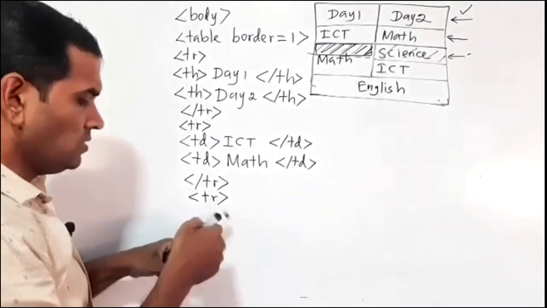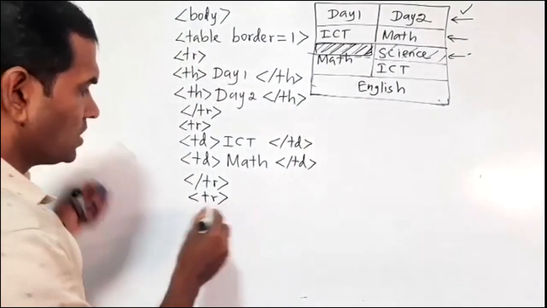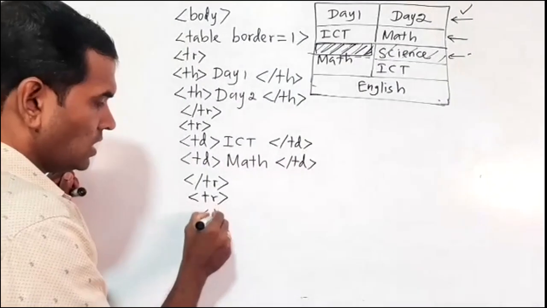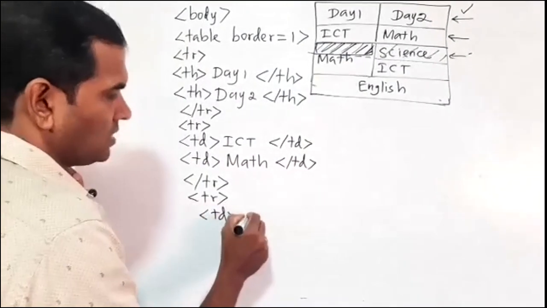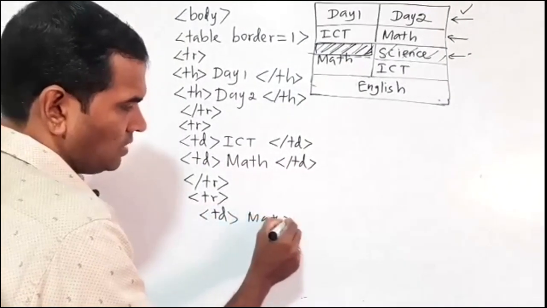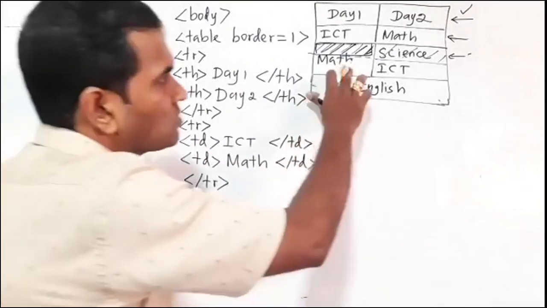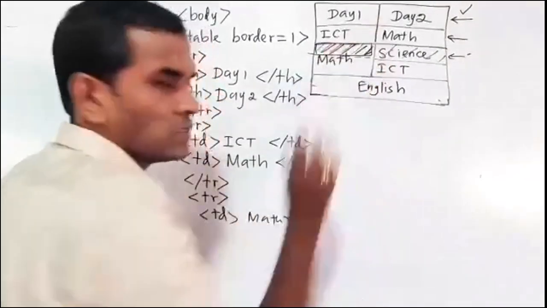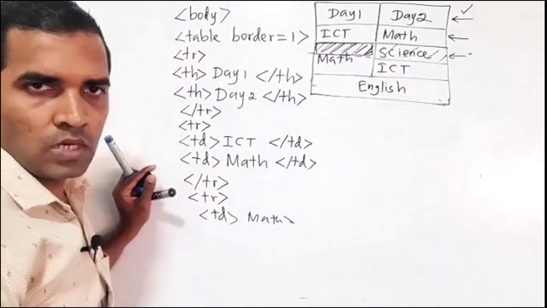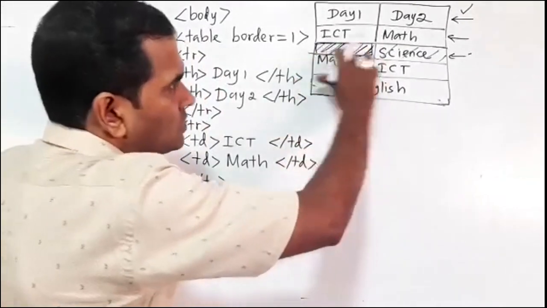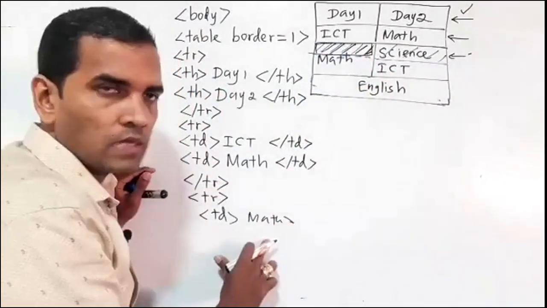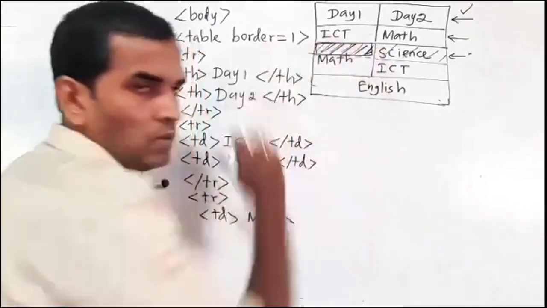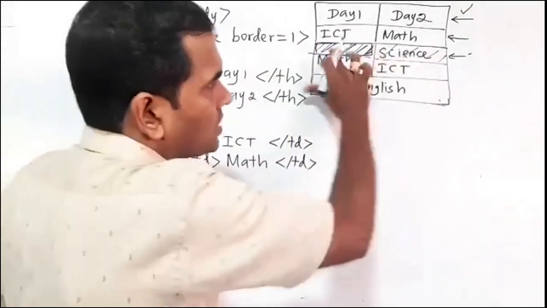But what happens if I use td maths? Then maths would be in this particular cell only, which means the first cell in the third row.